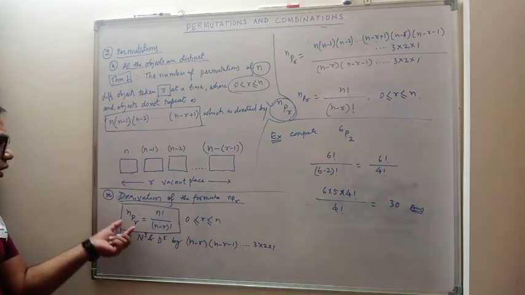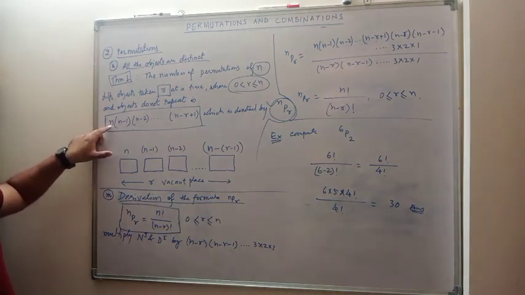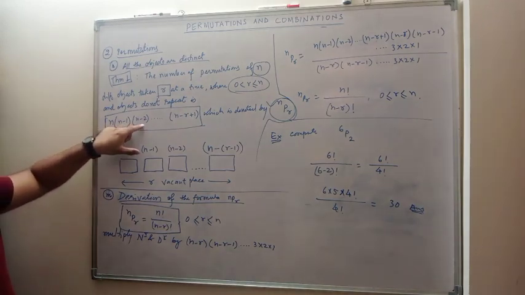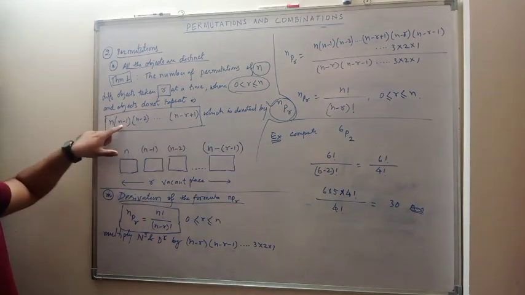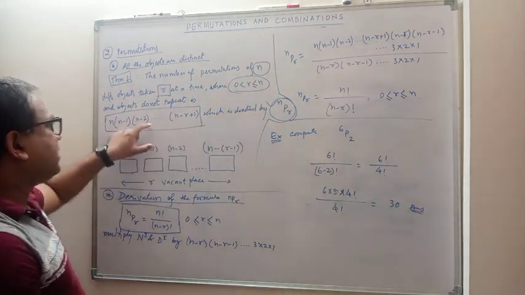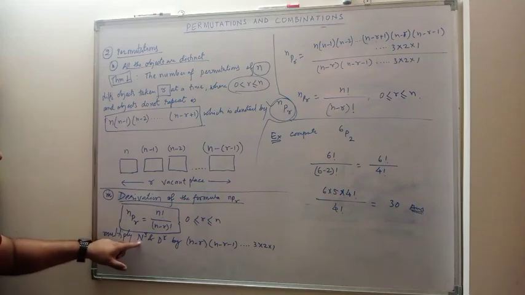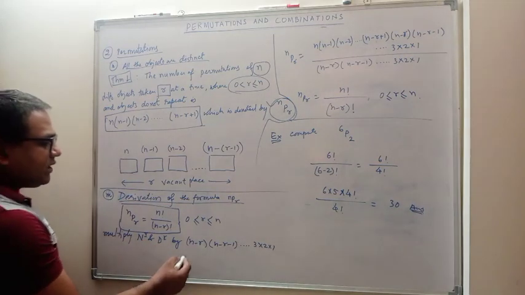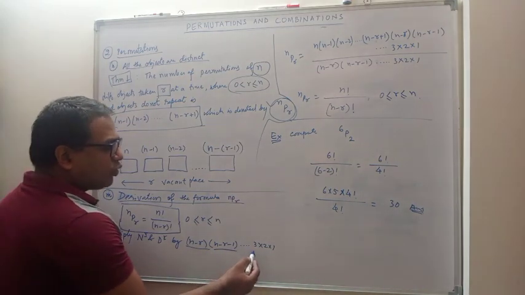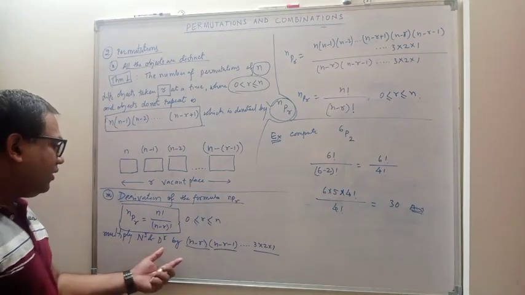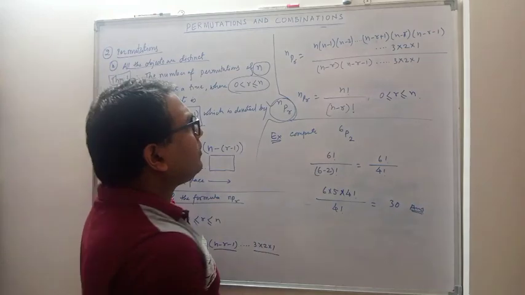First of all, nPr is nothing but, as we have seen, n into n minus 1 into n minus 2, up to n minus r plus 1. This is nothing but equal to nPr, as we have seen over here. So what we are doing is multiplying numerator and denominator by n minus r into n minus r minus 1 and so on up to 3 into 2 into 1.